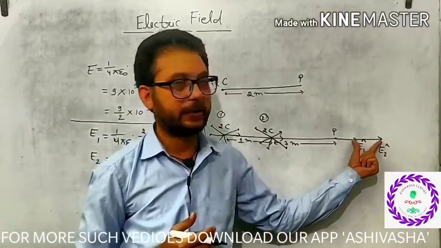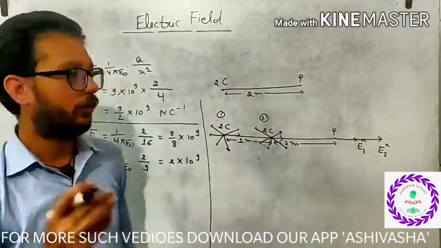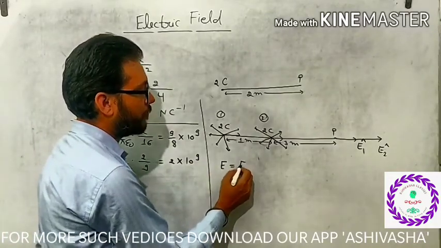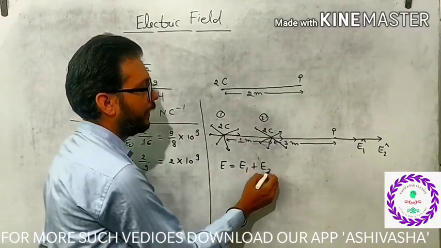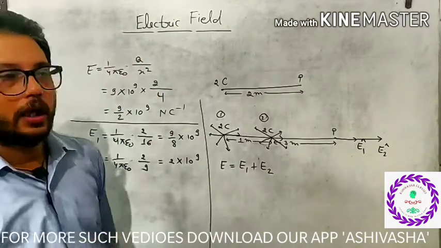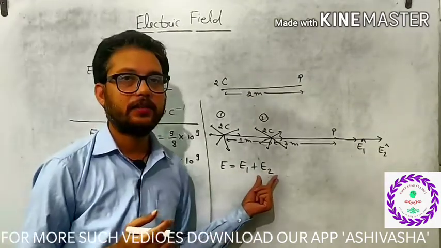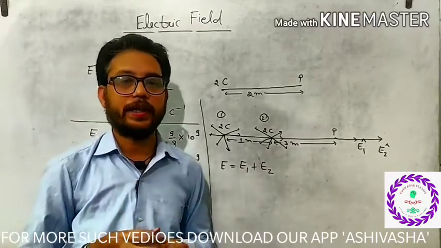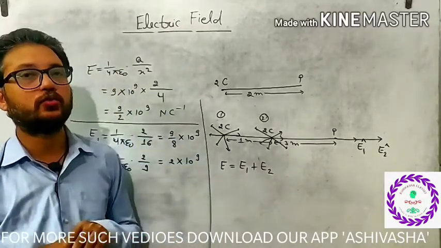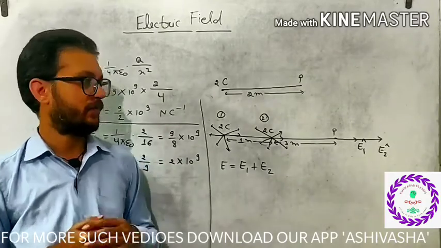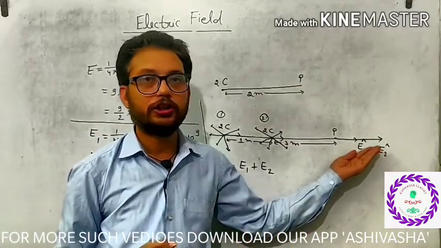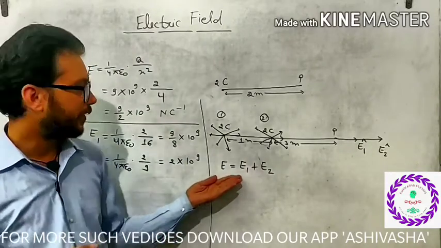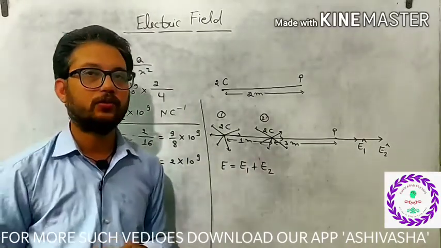Now both are in the same direction, so according to the vector rule, we can write E equal E1 plus E2. How do we get this result? We know the formula of resultant, R square equal A square plus B square plus 2AB cos theta, and here theta is 0 degree. So we can simply solve and we get the result E equal E1 plus E2.